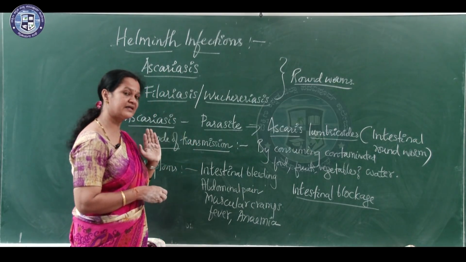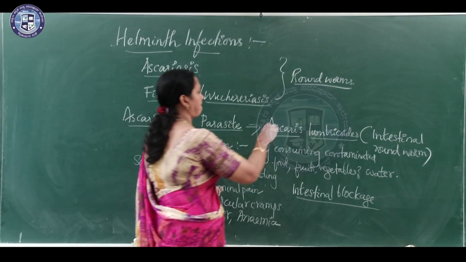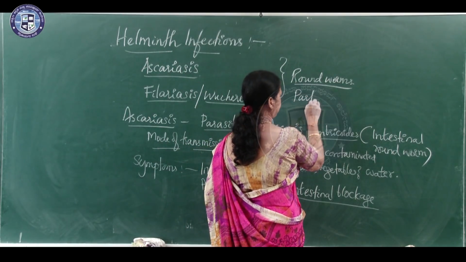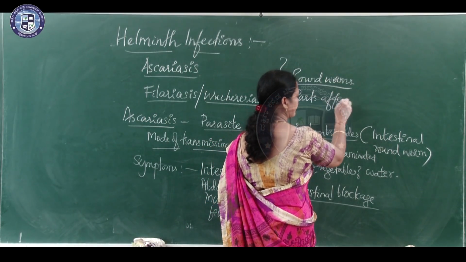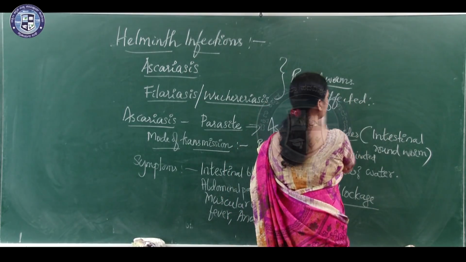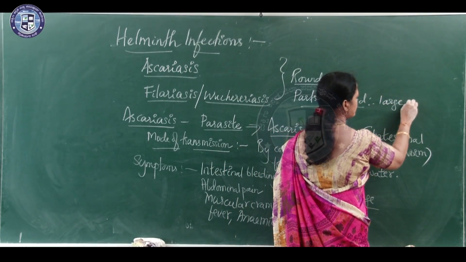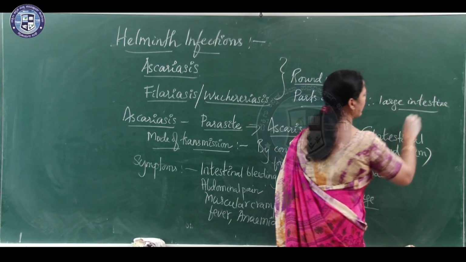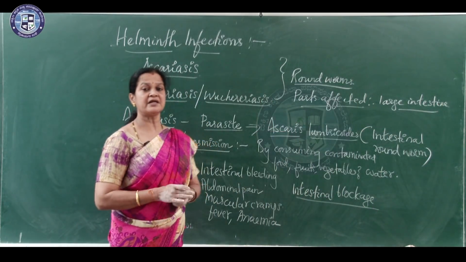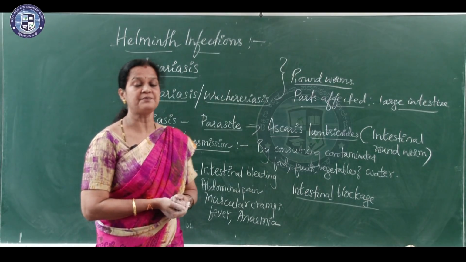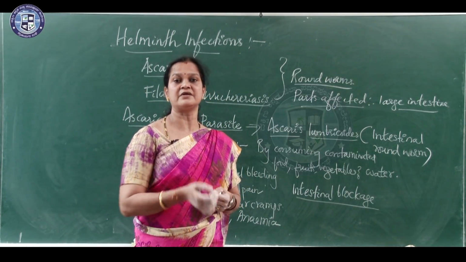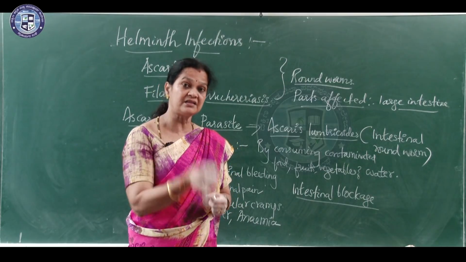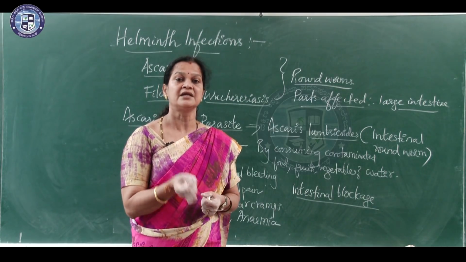Part affected is the intestine, usually the large intestine. Generally we think that nothing will happen in this infection, but in a severe type of infection, these worms migrate to other parts of the body, the vital organs.